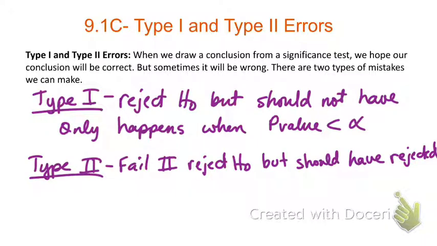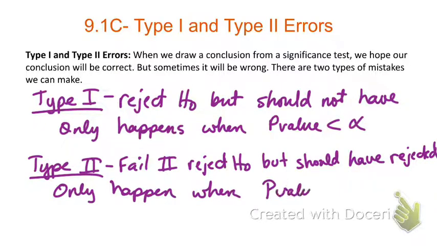So the only reason I write the 2 in this way is just to help me remember and help you remember that a type 2 error occurs when we fail to reject the null hypothesis. It's not like you have to write it that way. It's just kind of a visual to help you remember which one is which. This can only happen when the p-value is greater than or equal to the alpha value, because that's when you're going to fail to reject.